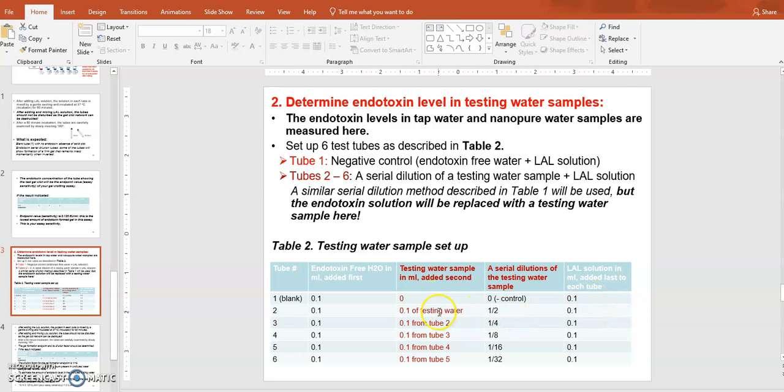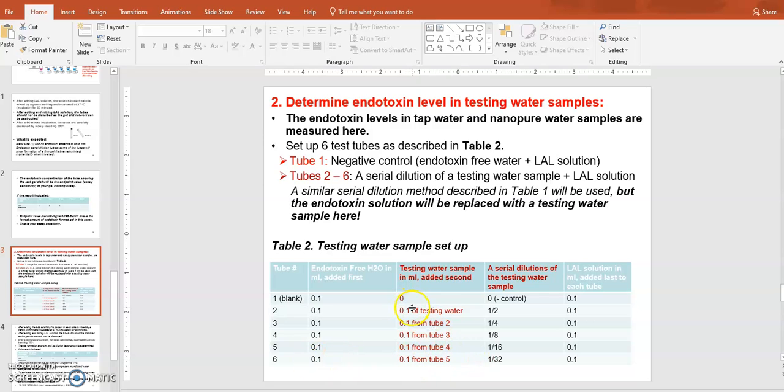But these tubes will have your testing water, maybe a diluted testing water, 1-to-1 dilution. Then from that test tube, you're going to dilute it further by transferring half of that to the second tube, and that will be mixed with endotoxin-free water. Then you continue that dilution: transfer half of it and mix with the endotoxin-free water, and transfer half of it, mix with the endotoxin-free water. You continue that one more time.